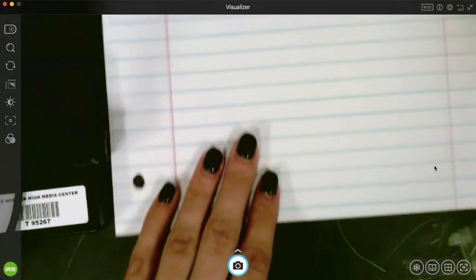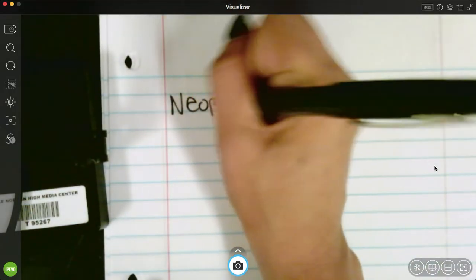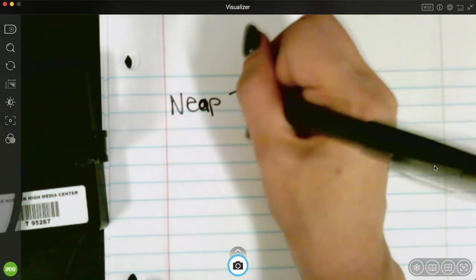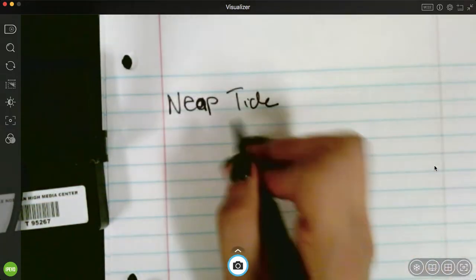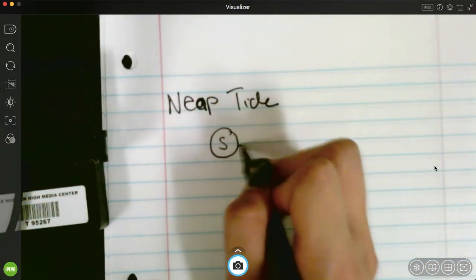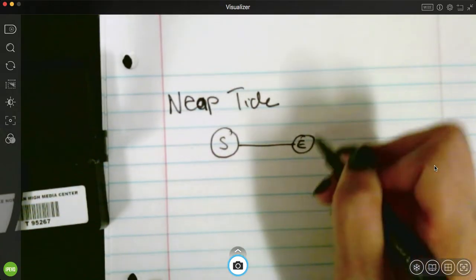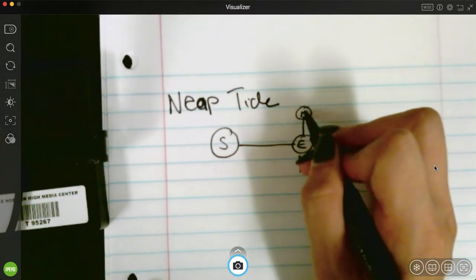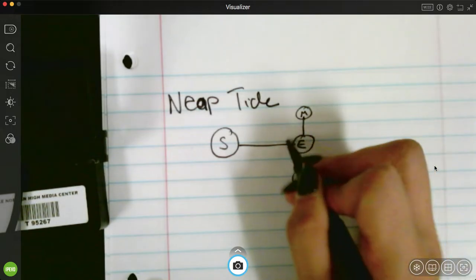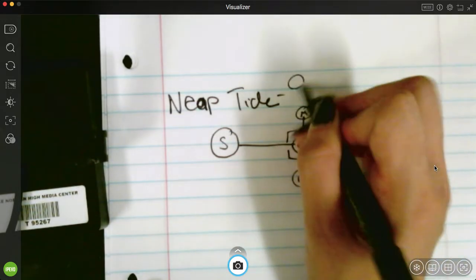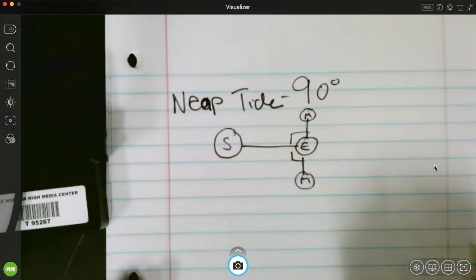The opposite of that is called a neap tide. Neap. That is when the sun, the earth, and the moon can be over here or it might be over here, but neap is at 90 degrees.